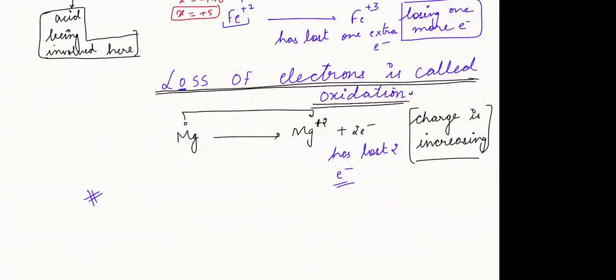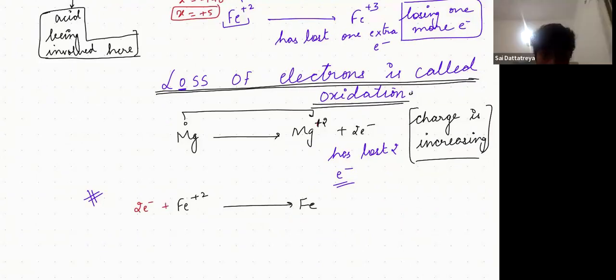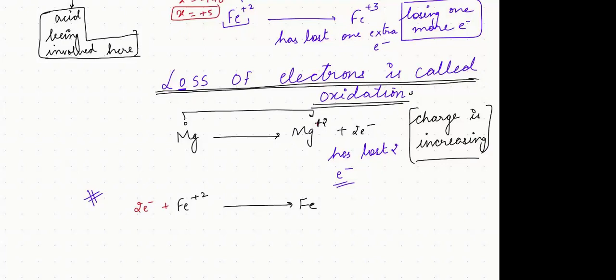Let's suppose I say Fe+2 becomes Fe neutral. How would any positively charged ion become neutral? Only when it gains 2 electrons. So Fe+2 plus 2 electrons will form Fe neutral. Are you understanding my point?